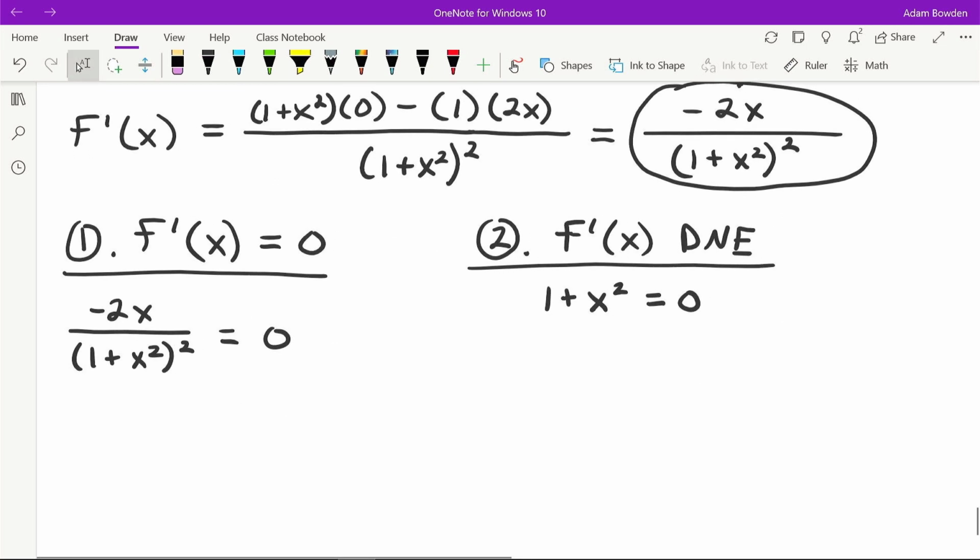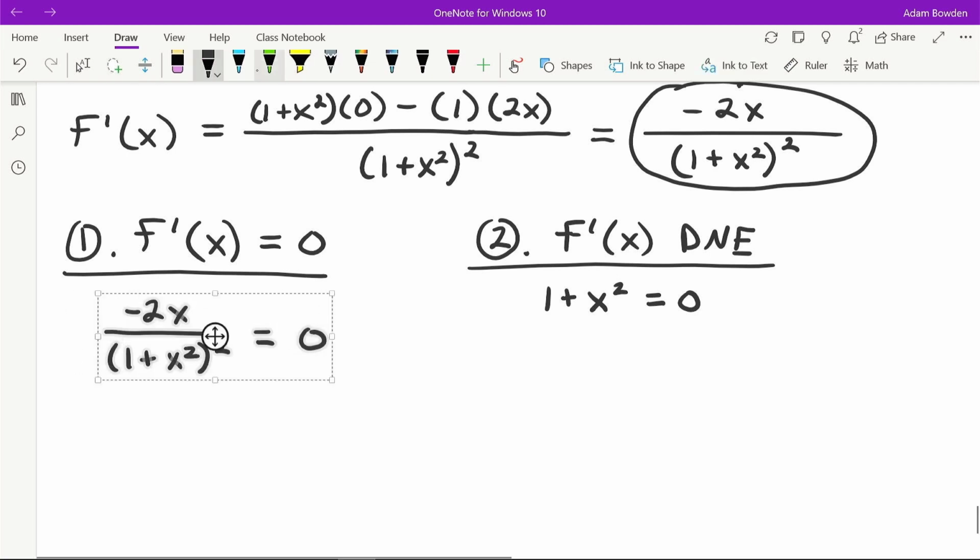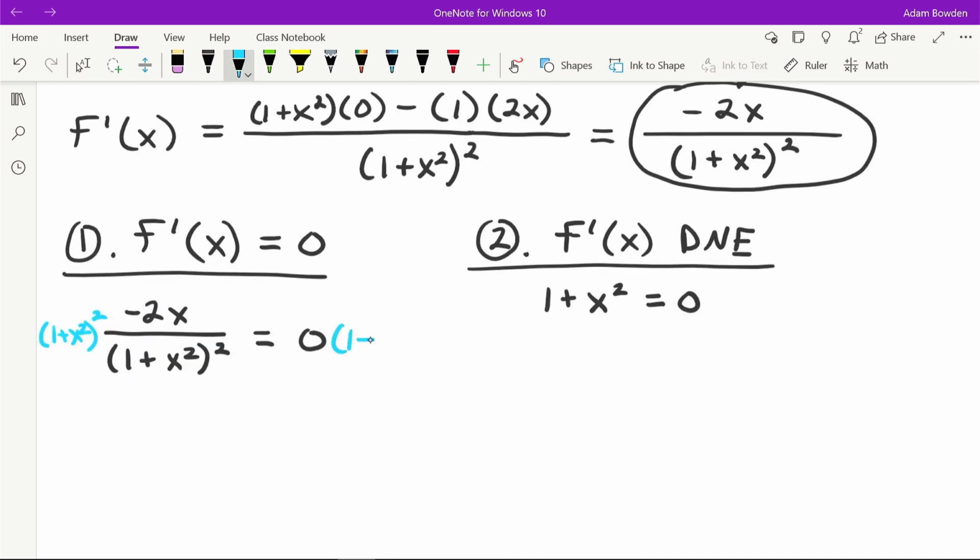Now we will get a little bit of different situation happening here with the derivative set equal to 0, because when I try to multiply both sides by the denominator and clear out the denominator and leave just the numerator on its own, we'll get negative 2x is equal to 0.